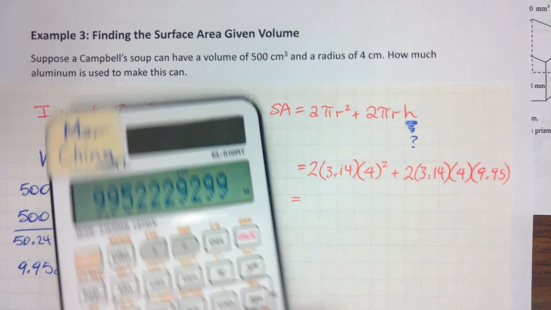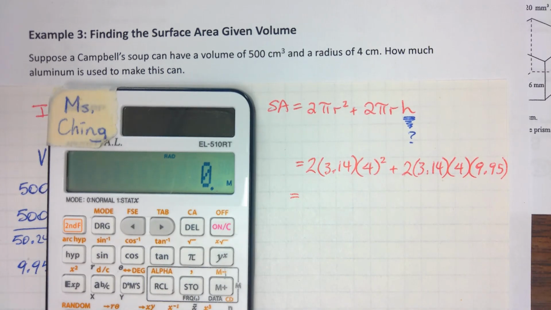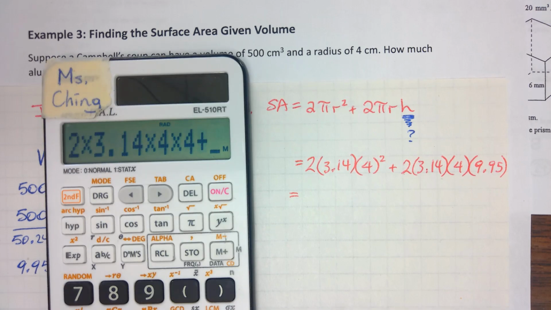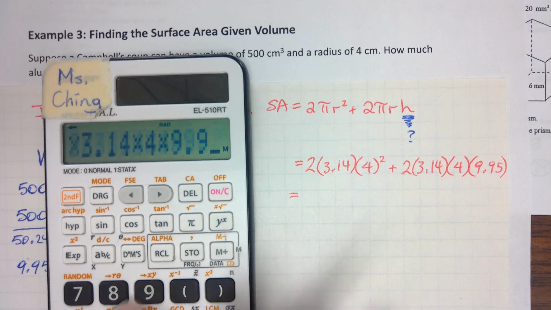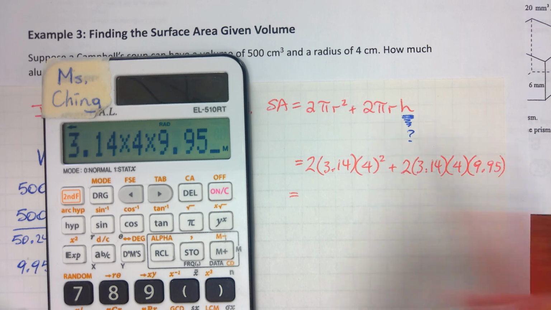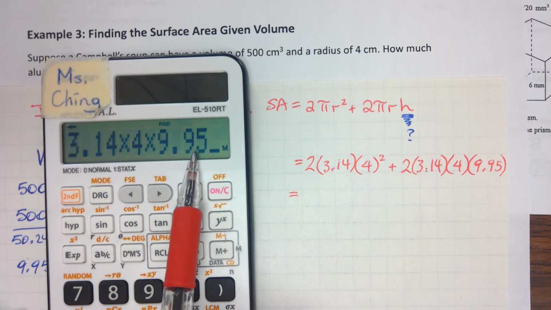Okay. On your calculator, you can do it all at once if you want. 2 times 3.14 times 4 times 4 plus 2 times 3.14 times 4 times 9.95. Oh, by the way, you can do this all on your calculator if you can see exactly what you type.